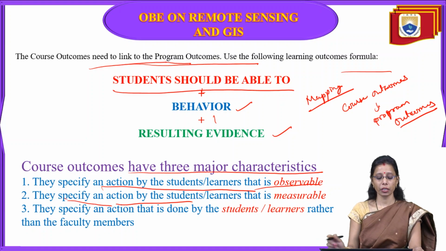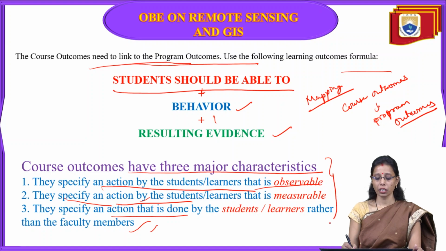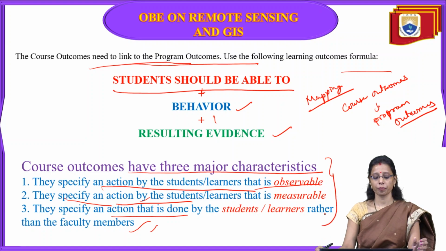Three, they specify an action that is done by the students or learners rather than the faculty members. So these are the three major characteristics a course outcome has. First thing is what?